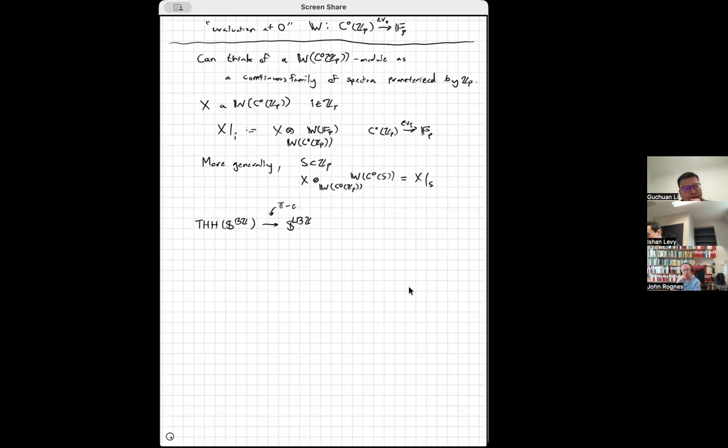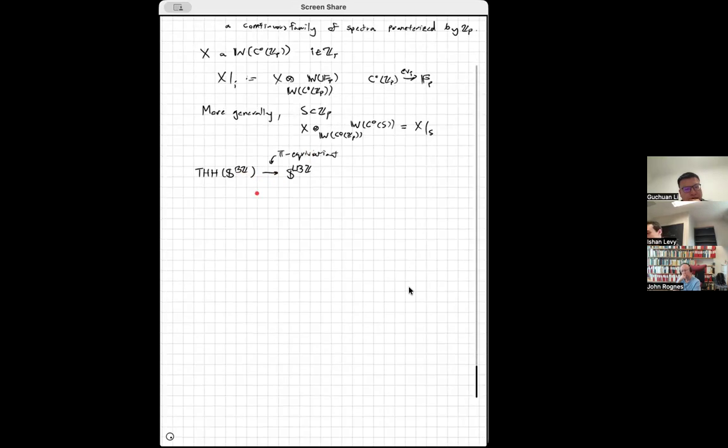And so we can kind of probe. We want to ask how the circle acts on maps from the circle into BZ.